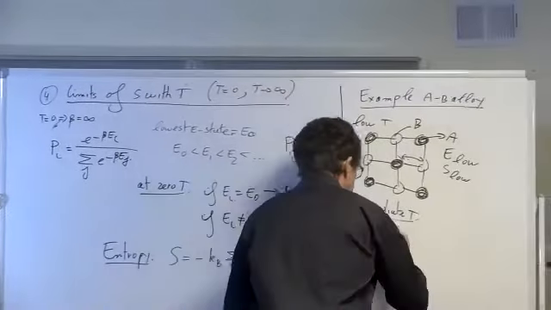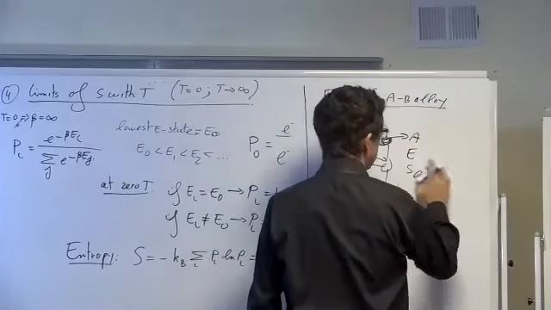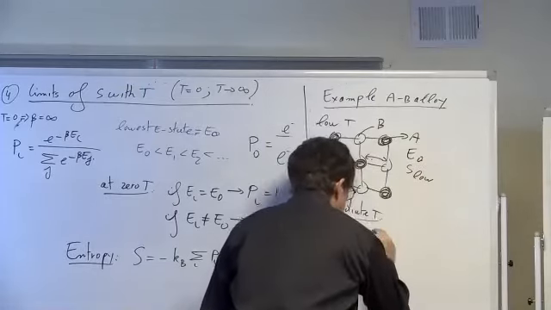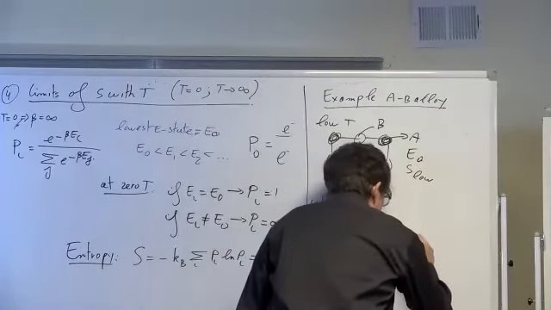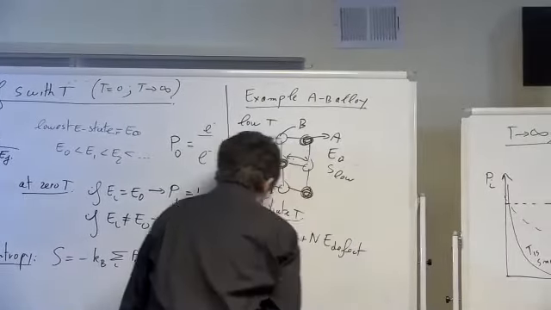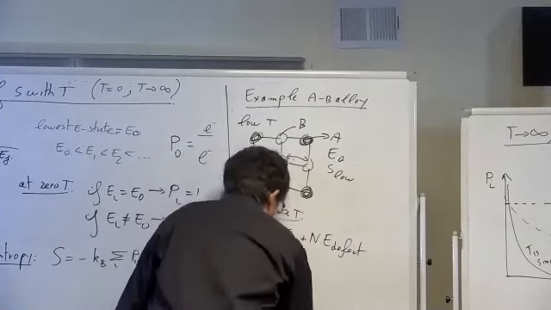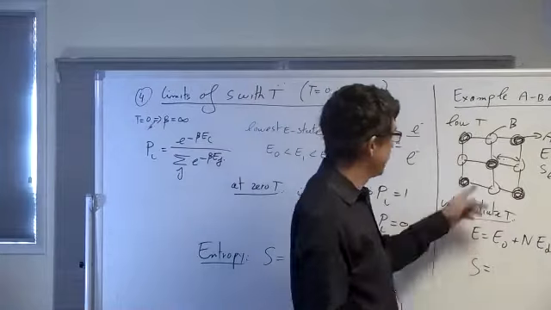The energy is now, maybe call this E0, the ground state energy, E0 plus, I don't know, n times E_defect, if you have n defects. And the question is, what happens to the entropy? Is it higher than here or not?